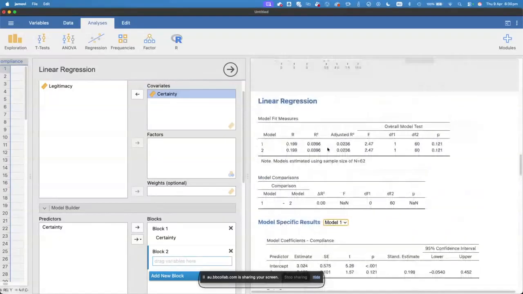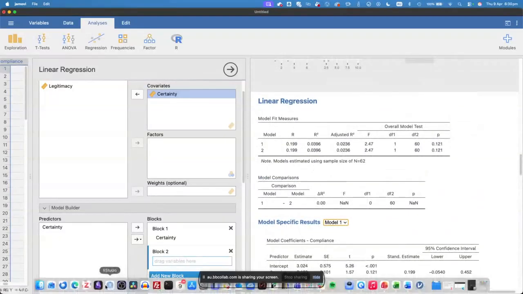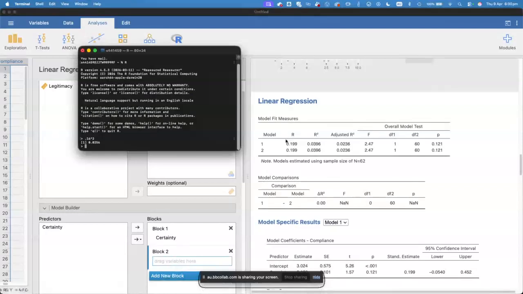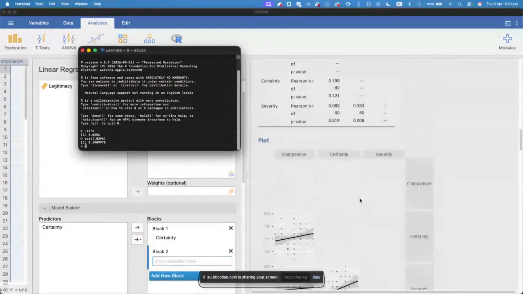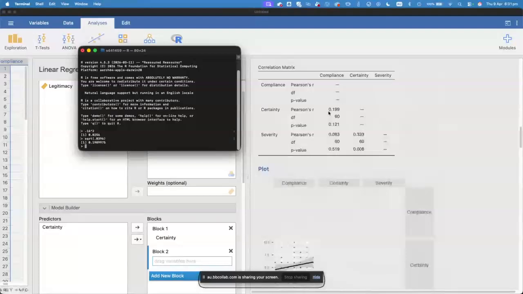Sorry, so we work backwards here. The R squared for certainty and compliance is 0.396. So the square root of that R squared gives you 0.198, which should be the correlation, Pearson's correlation, between certainty and compliance.